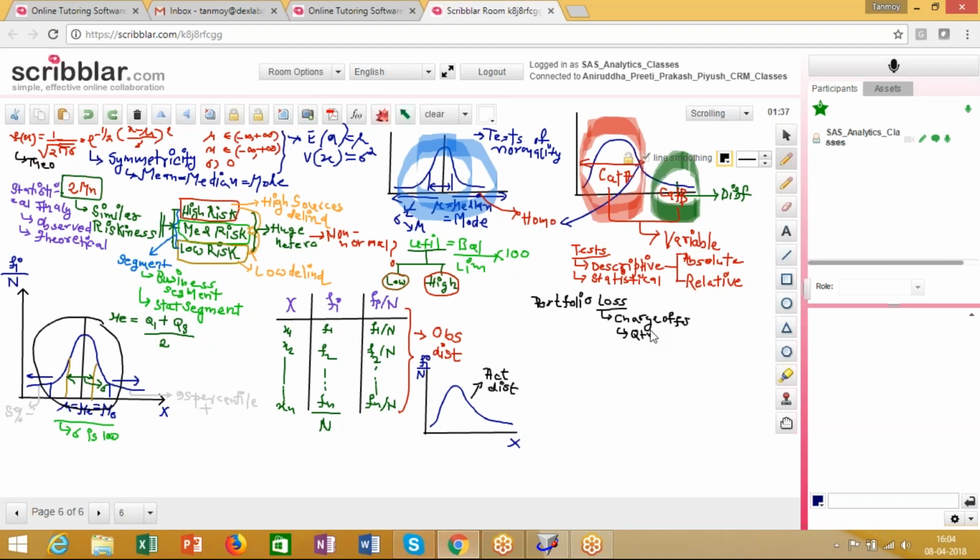So what you have is a value and you have the respective charge-offs.